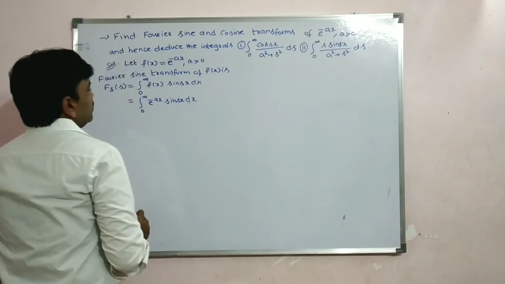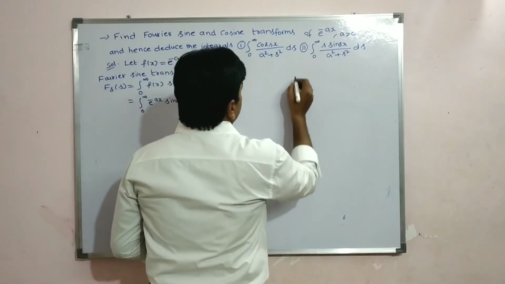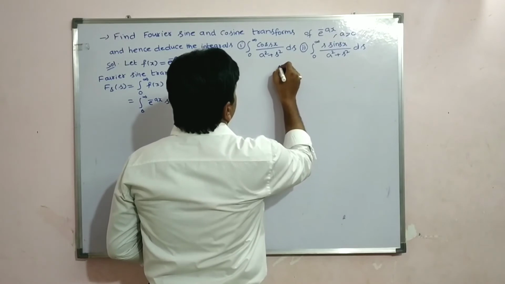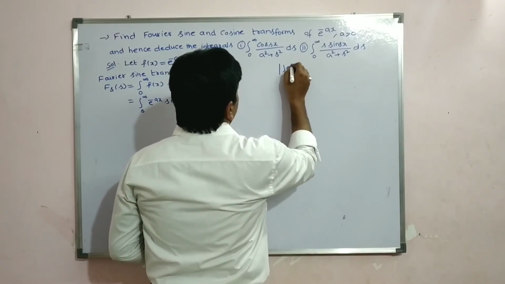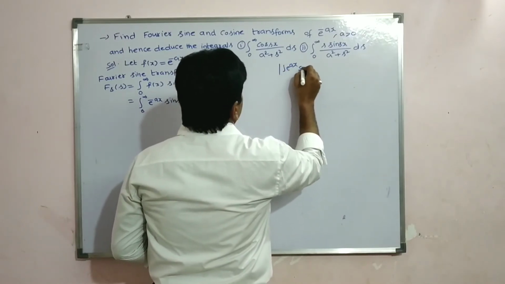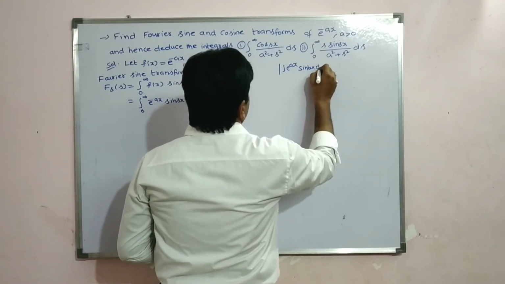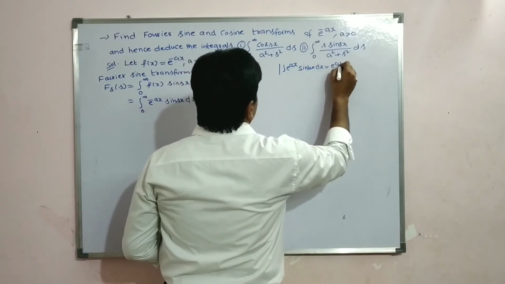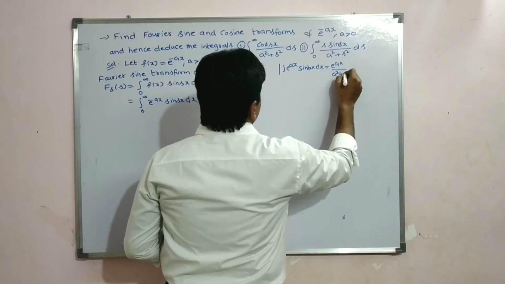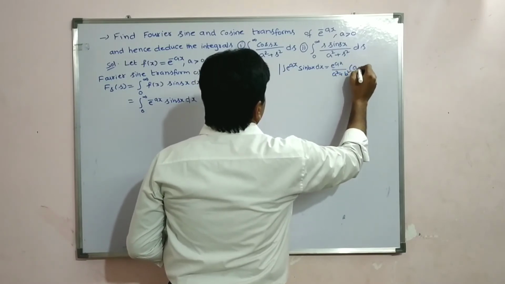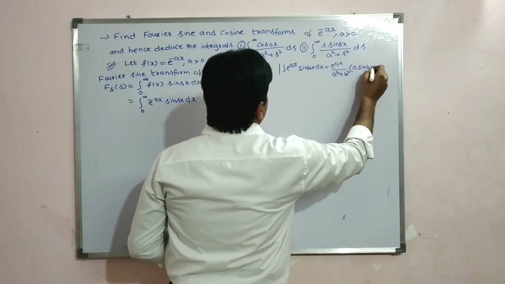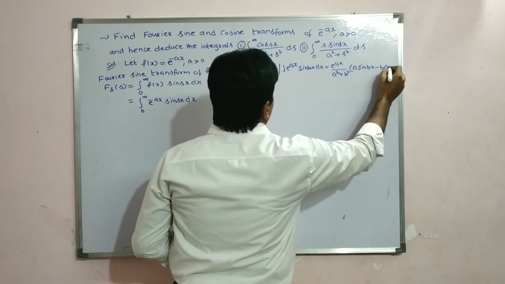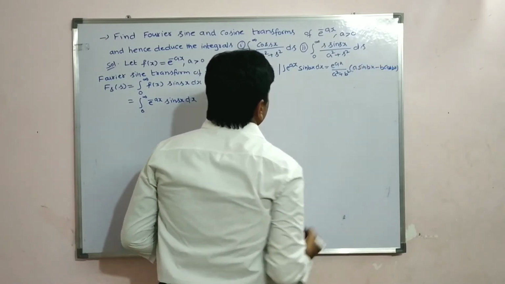So we have a formula here, students: integral e power ax sin bx dx is equal to e power ax by a square plus b square into a sin bx minus b cos bx.